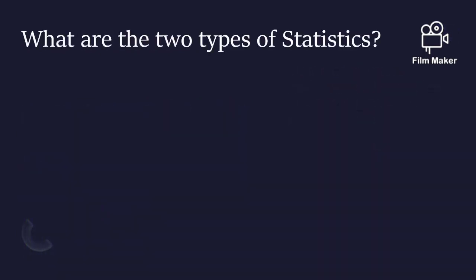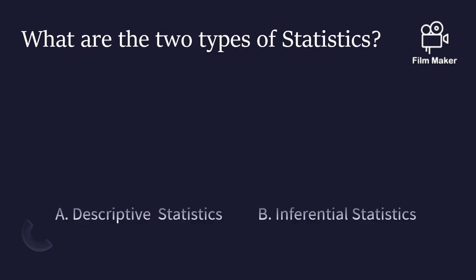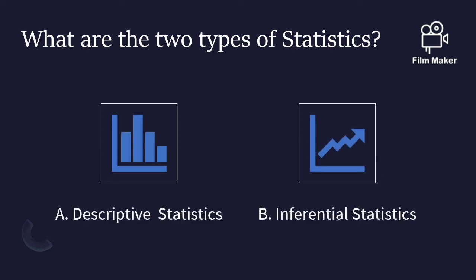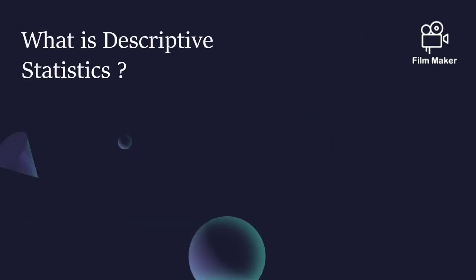What are the two types of statistics? A. Descriptive statistics. B. Inferential statistics. What is descriptive statistics?